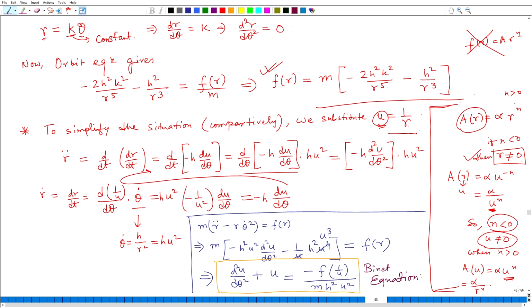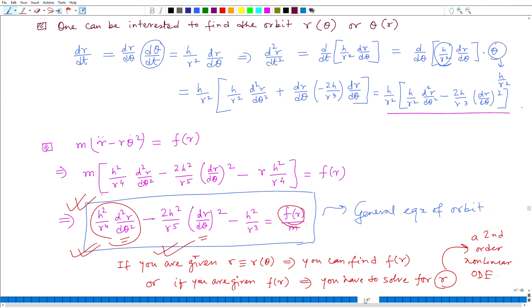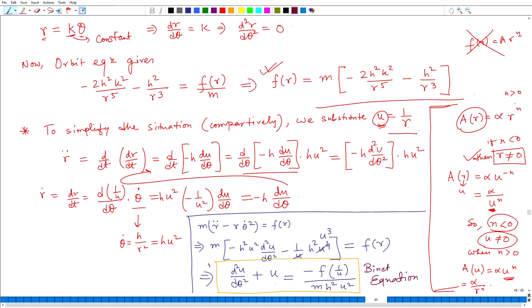Now, what is the difference between this equation and the equation we got over here? You see, this is a second order differential equation, I understand, but this is much easier to handle, because this part is linear in u, but it was non-linear in the case of r.